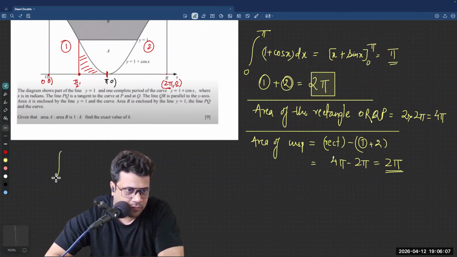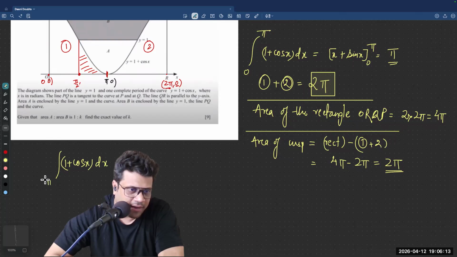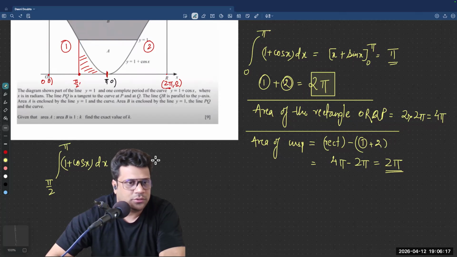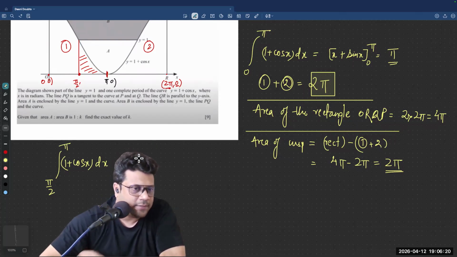Integral of 1 plus cos x between pi by 2 and pi. Well, you do that, it comes out to be x plus sine x between pi by 2 and pi.